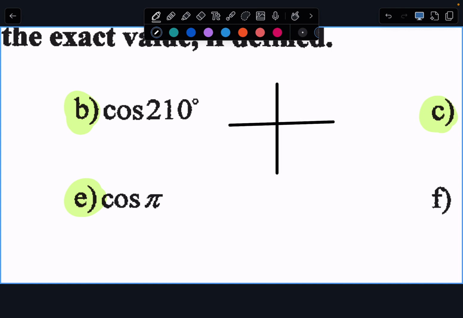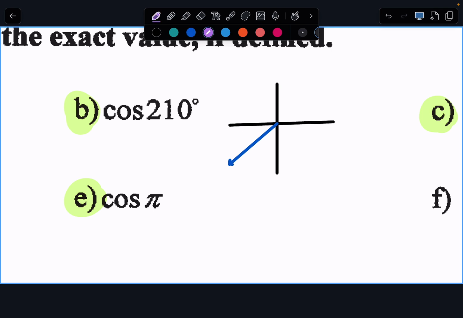Where's 210? Third quadrant, so right there-ish. Okay, so we need a reference angle. When you're in degrees, you always make your reference angle with which axis? X or Y? X. Always with X, right?